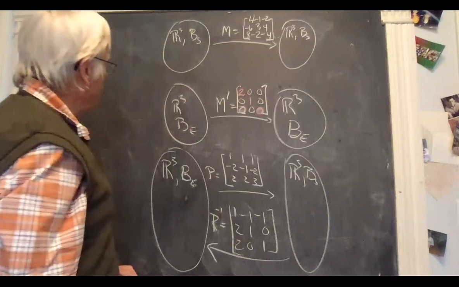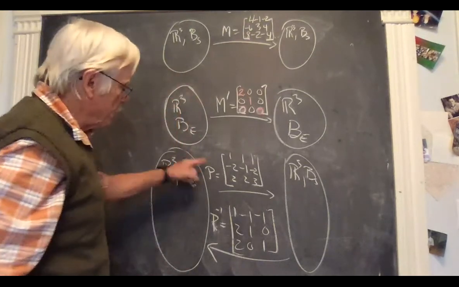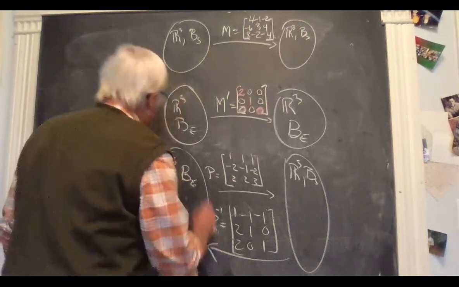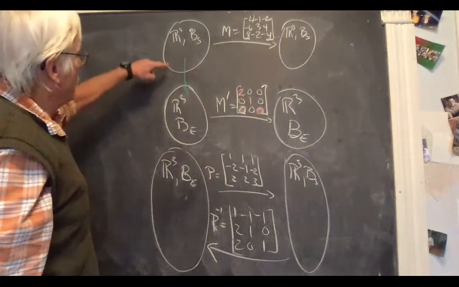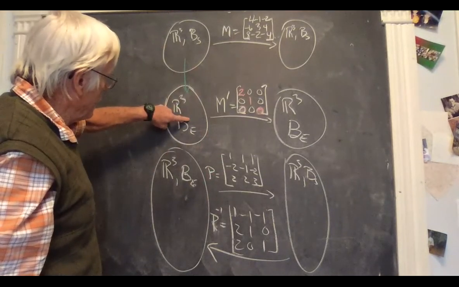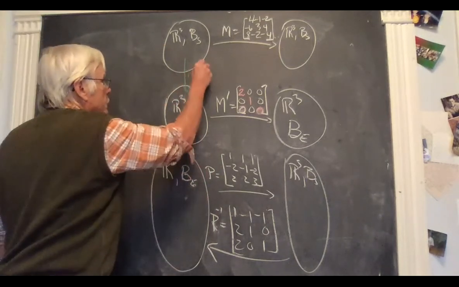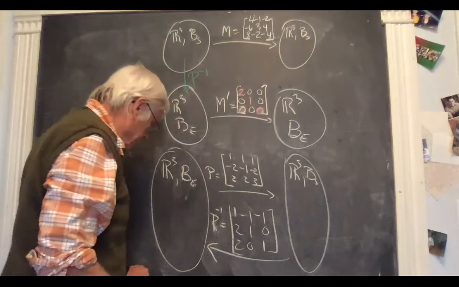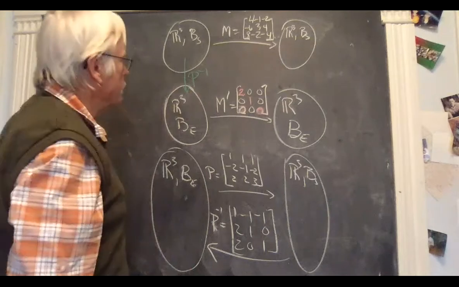Now, diagonalization has to do with these P and P inverse also. So I'm going to write it like this. We're going to look at this direction. What is the arrow in this direction? Well, here we are changing standard to the eigenvector basis. And so this is P inverse. Over here, I'll use maybe orange.